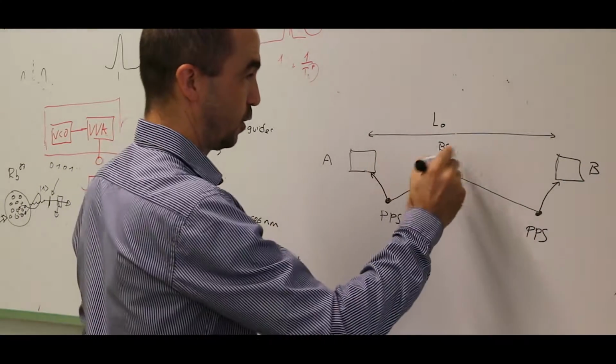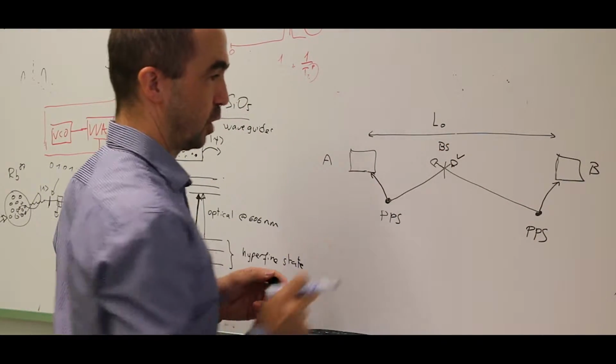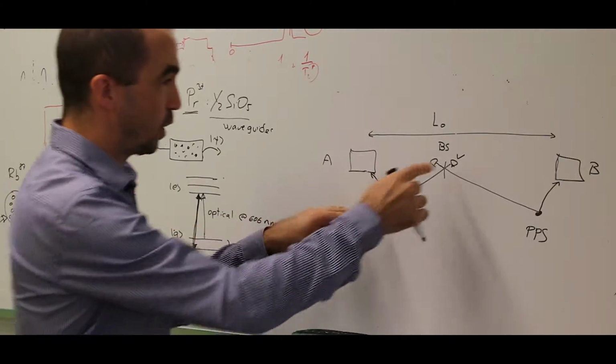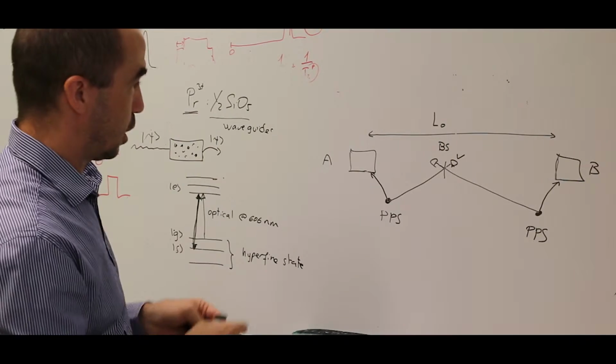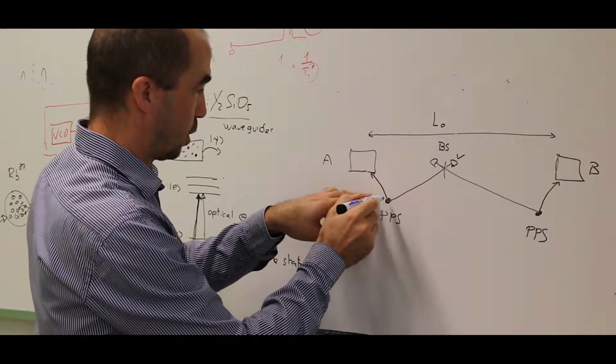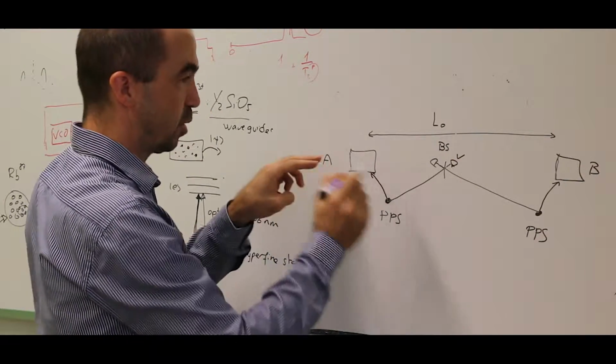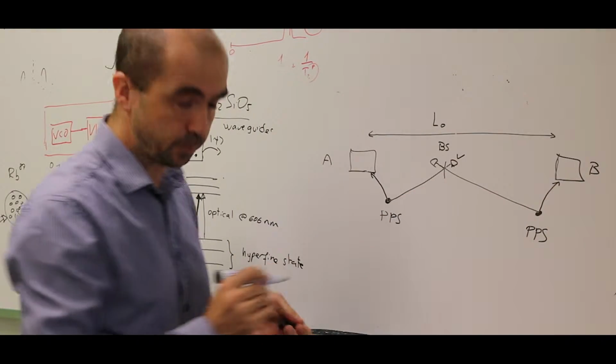So if you have a click in one of these detectors, you know one photon has been detected, but you don't know if it came from this source or from this source. In the same way, you don't know if this photon is now stored in this memory or in this memory.